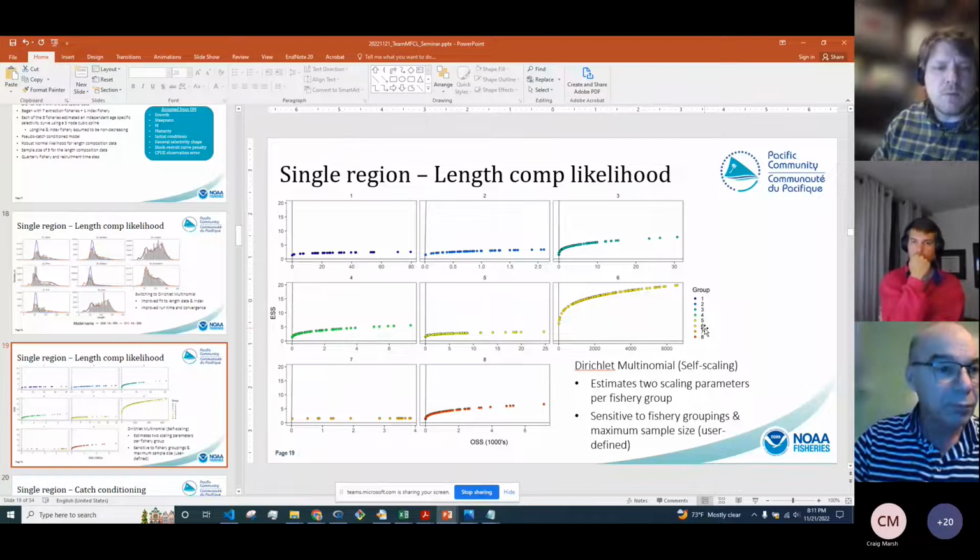And if you looked at the fits to the data, you can see why that happened. So, if inadvertent, it was a good test to see how those Dirichlet multinomial statistics respond to what it perceives as the quality of the data.